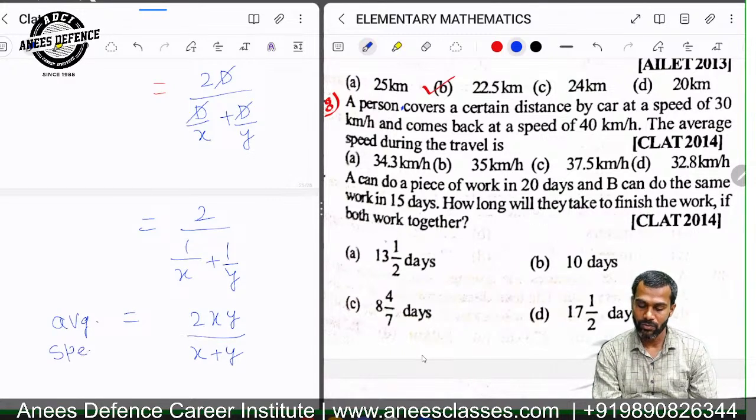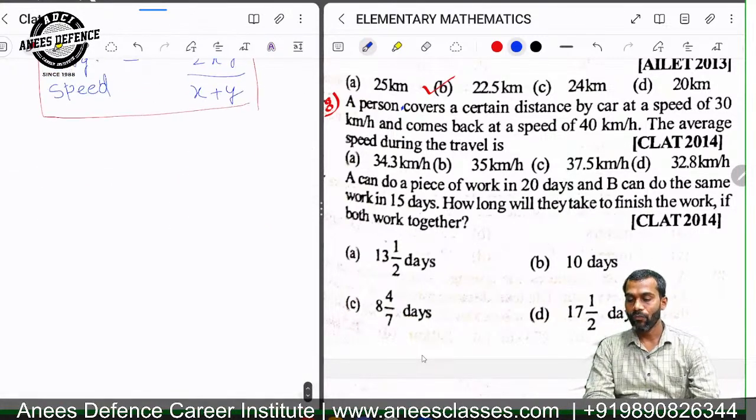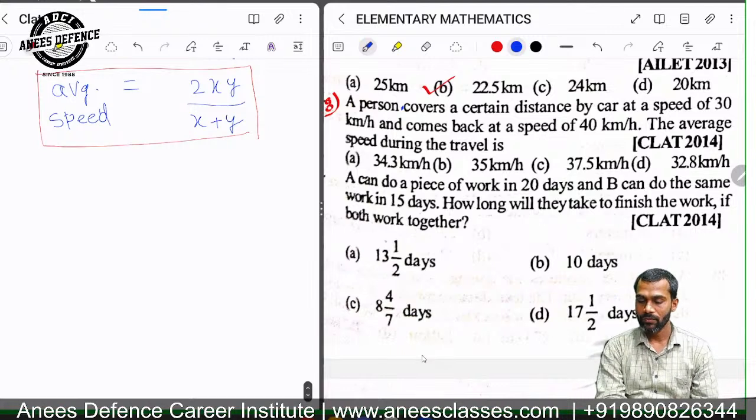So remember this formula. I hope it is clear. Have you understood the formula? Okay. Now what is x and y here? 30 and 40.